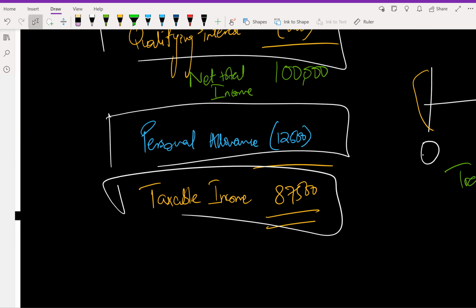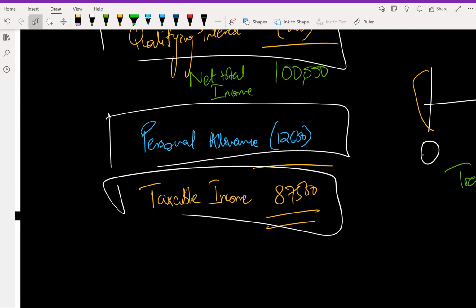Does that mean if my net total income is, let's say, 8,000 and personal allowance allowed by HMRC is 12,500, I will incur a loss of 3,500? No, that's not a loss of 3,500. It's not a tax allowable loss of 3,500.